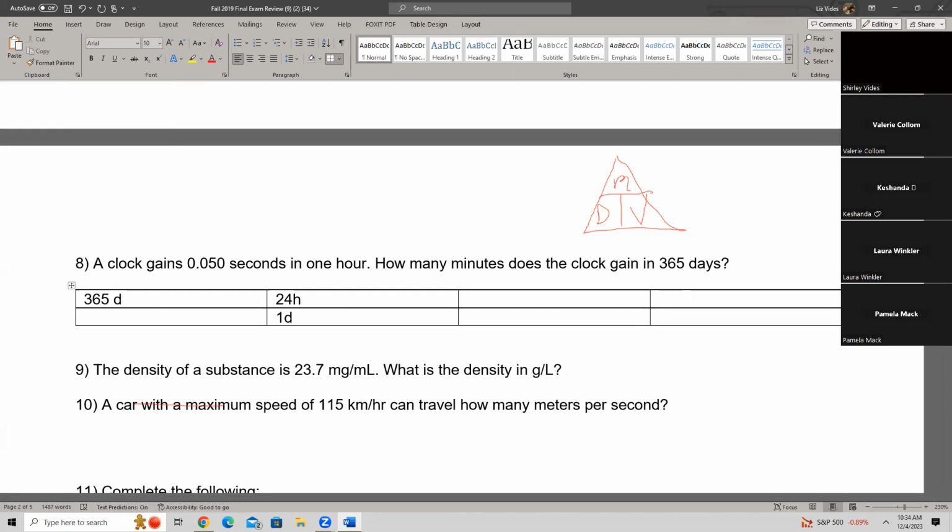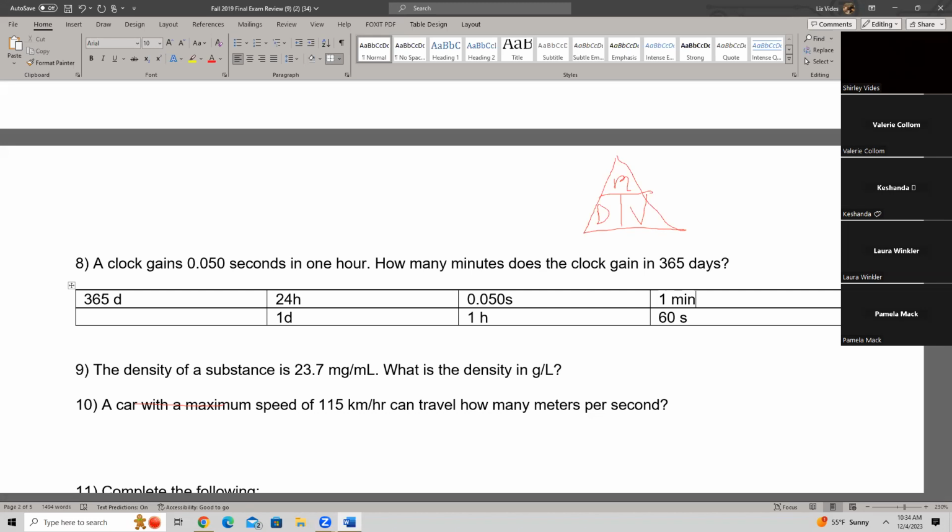You see that? So 24 hours. Now, for every hour, the clock gains 0.050 seconds, right? Isn't that what they told us? Yes. But they want it in minutes. So now we need to change those seconds. 60 seconds equal 1 minute. And there you go.